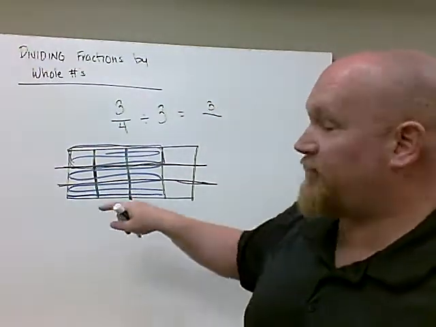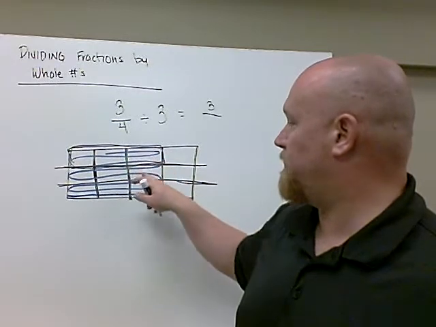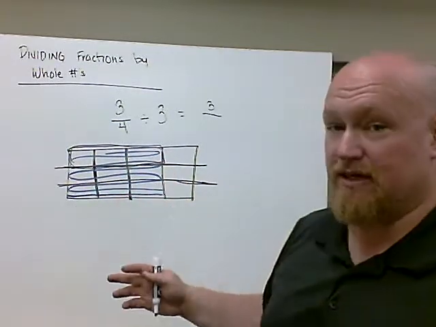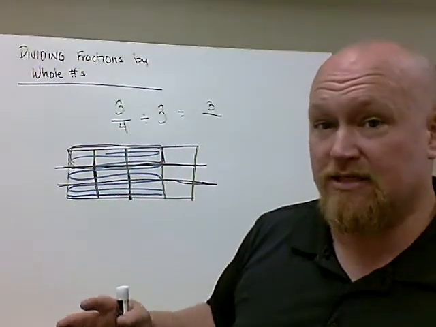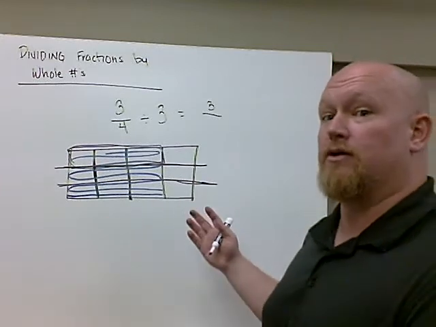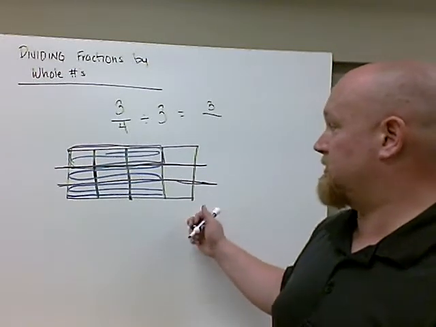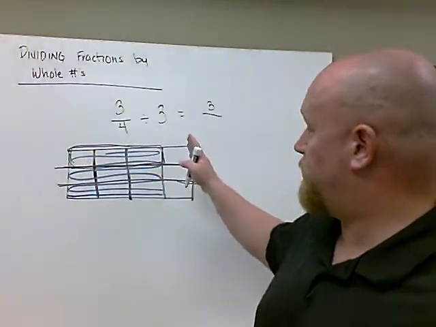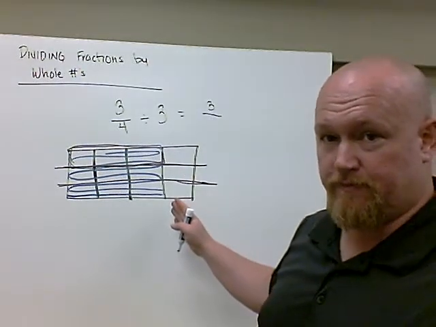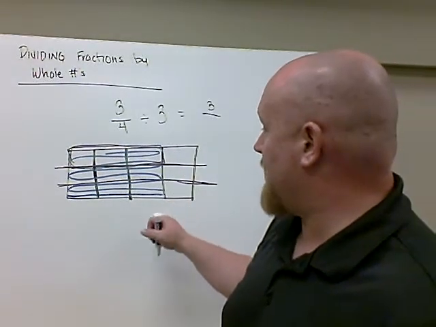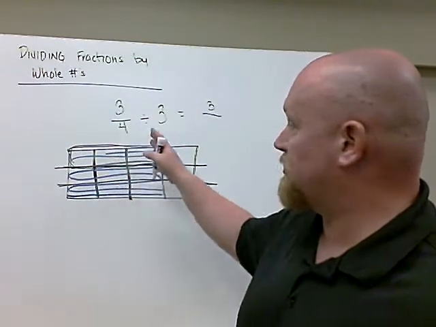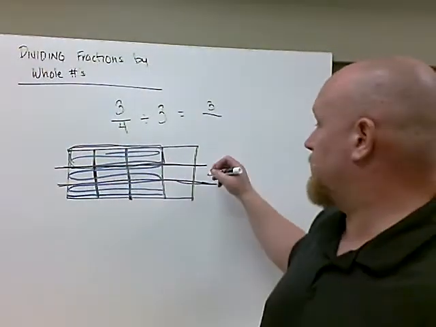But that's not 3 out of 1, 2, 3, 4, 5, 6, 7, 8, 9 pieces. There are 9 pieces in 3/4 out of 12 pieces because the whole got split. We actually have 12 total pieces because we took 4ths and divided them in 1/3.